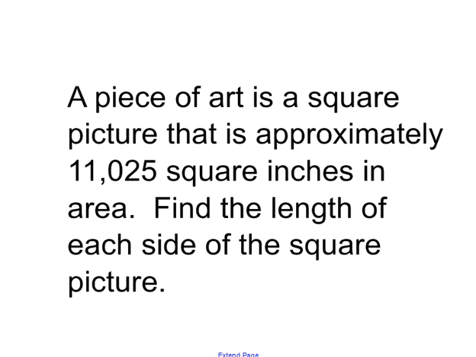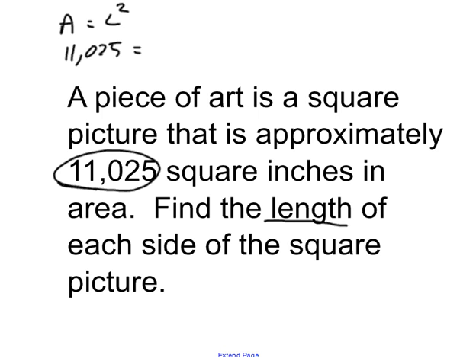A piece of art is a square picture that is approximately 11,025 square inches. Find the length of each side of the square. It's kind of the same problem. Area is equal to length squared, or in this case, 11,025 is equal to the length squared.